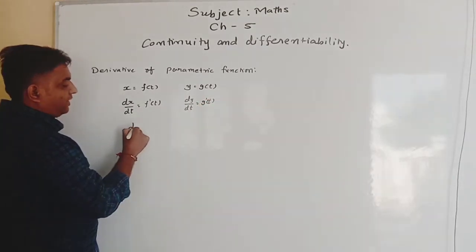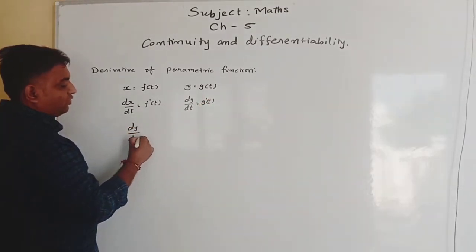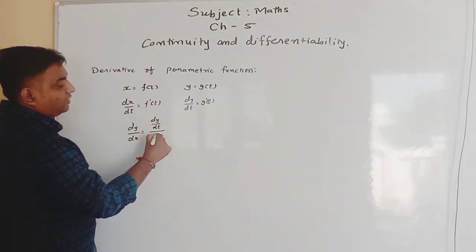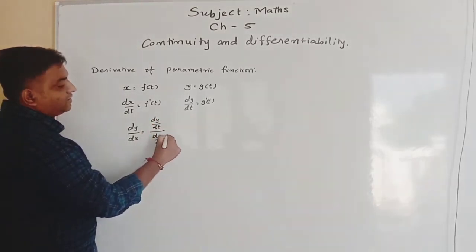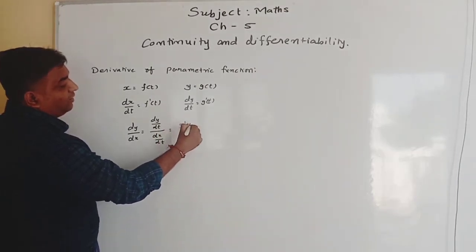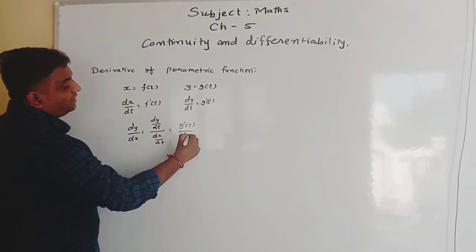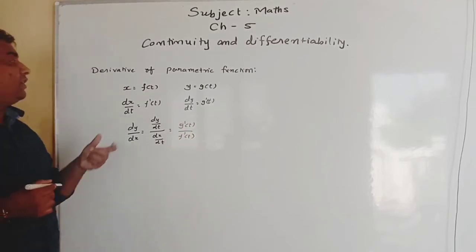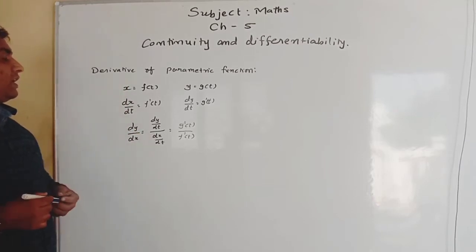So dy by dx, the differentiation of y with respect to x, will be dy by dt upon dx by dt, which is g dash t upon f dash t. In this way we can find the differentiation of parametric equations.